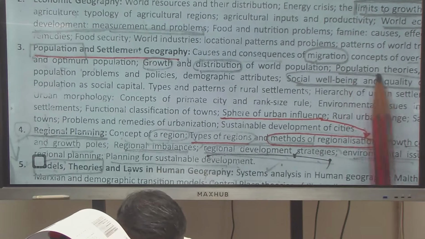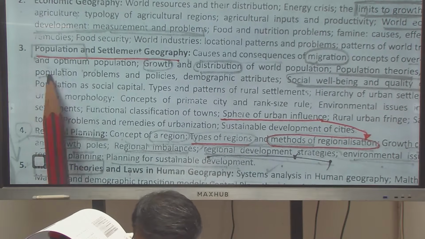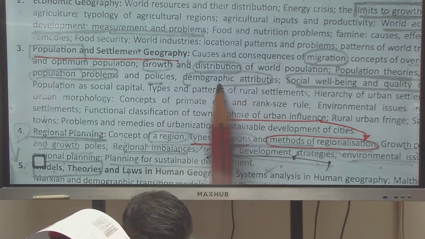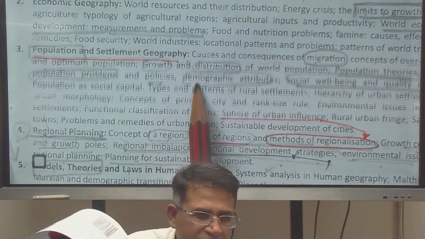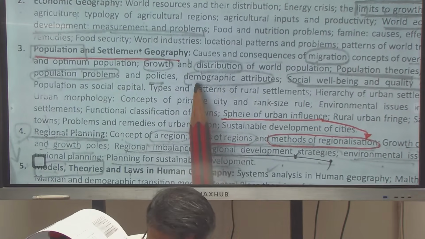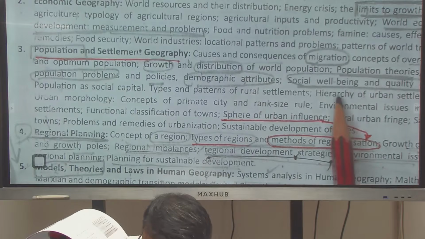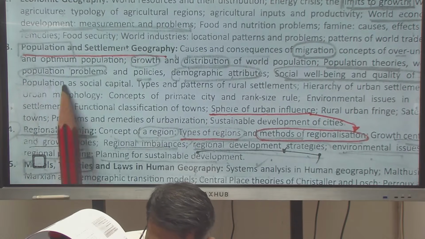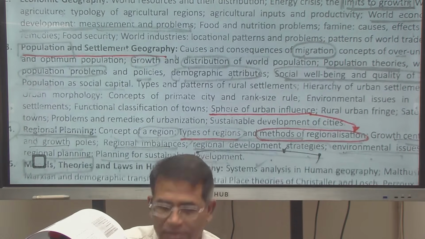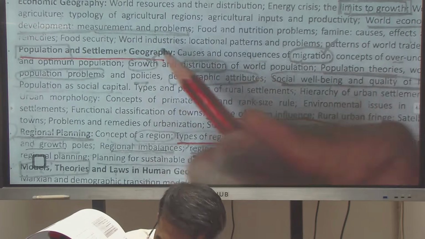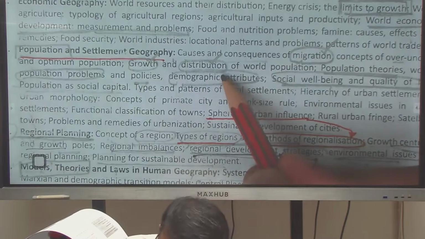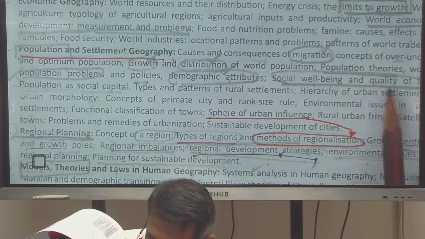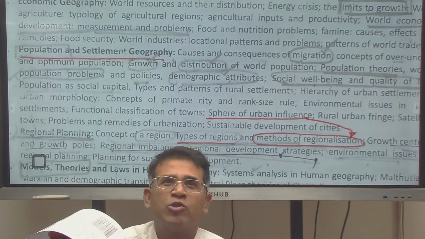There are population theories, population problems, policies, and demographic attributes: growth rate, birth rate, sex ratio, literacy rates. We call these demographic attributes. Social well-being and quality of life. Population as social capital. So: migration, growth, distribution, demographic attributes, population problems, social well-being, quality of life, and population as a social capital.